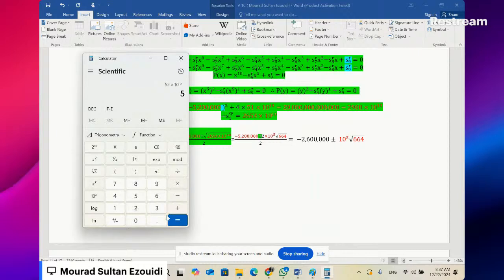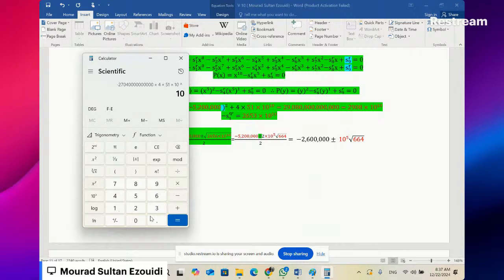Then I square this number, then multiply by negative 1 in parentheses, plus 4 times 51 multiplied by 10 raised to the power 3, like that.